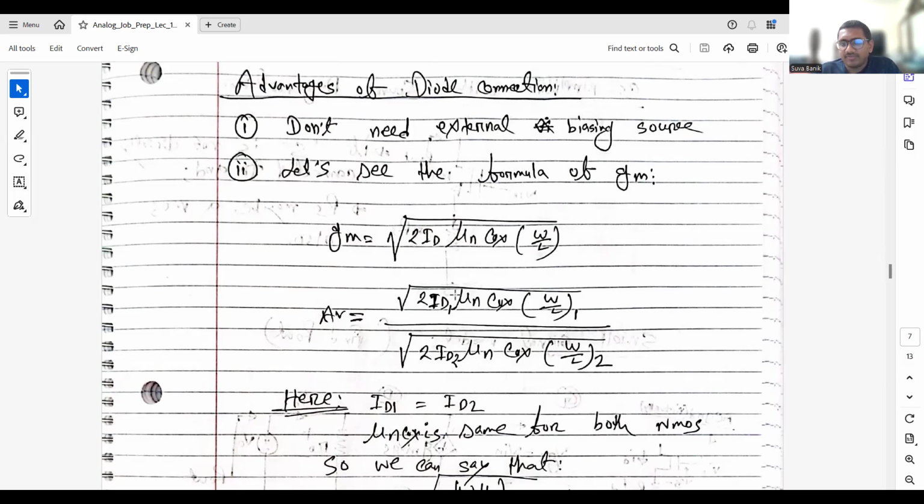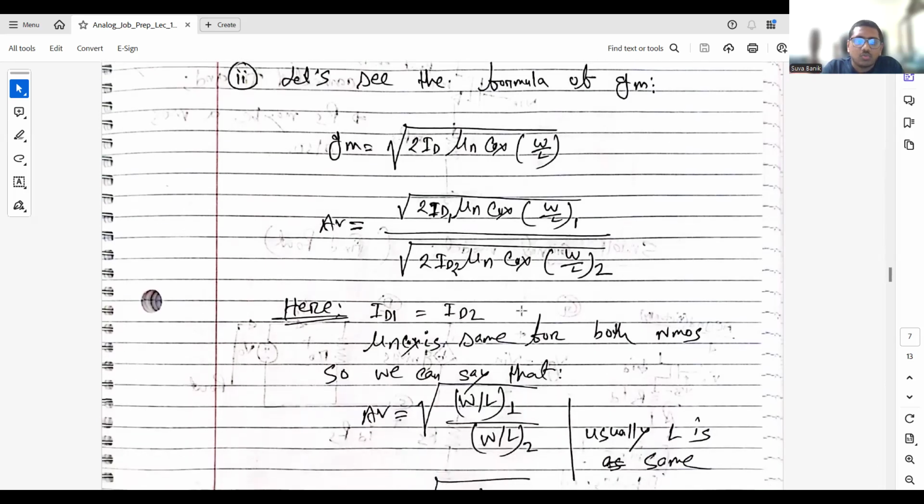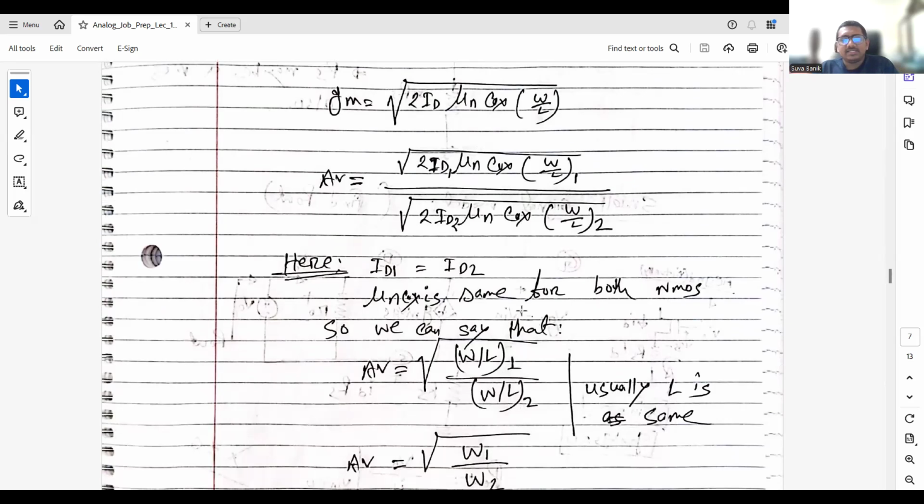They depend on the fab, a technology dependent parameter. So they are also the same for these two NMOS. So we can cancel out mu and Cox from top and bottom, as ID1 and ID2 are also similar. So we can also cancel out these two terms. So what is left? Only the root and just the W by L ratio of the two transistors.